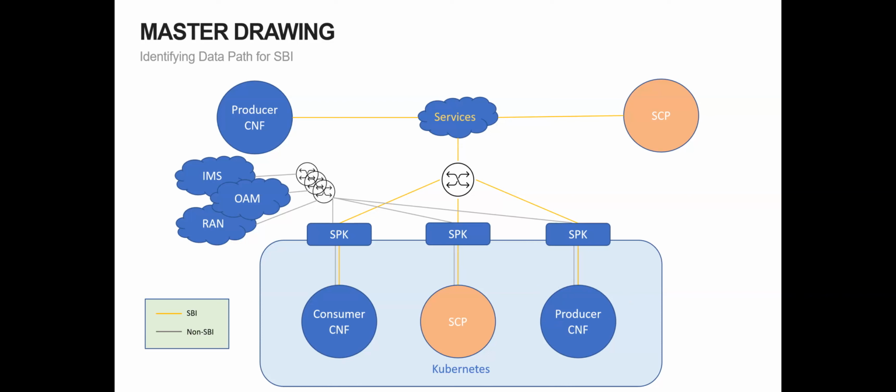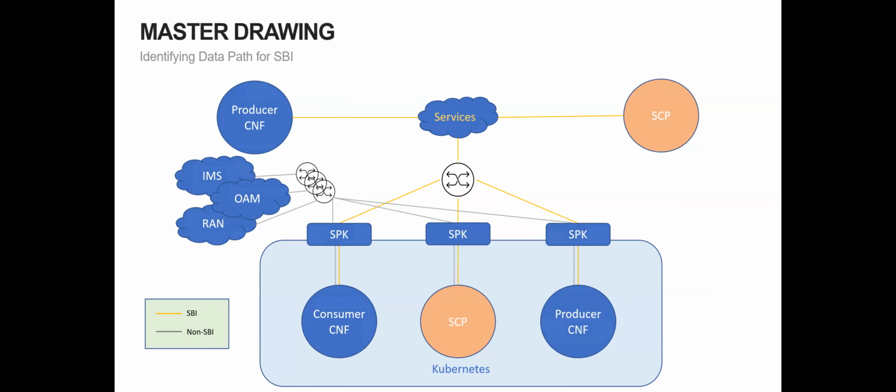So what I'm suggesting is that there are two multi-network aspects. There's having multiple external networks, which I represent here with the services network, IMS, OAM, and RAN. And then there's having multiple internal networks connecting pods.